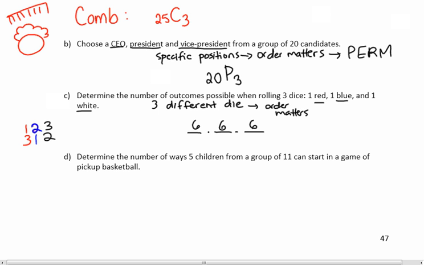So although order matters, which is permutation, the key here is that they're different colors, right? So technically you can have a repeat. You can roll 3 sixes in a row, because they're different colors. So this would be fundamental counting.